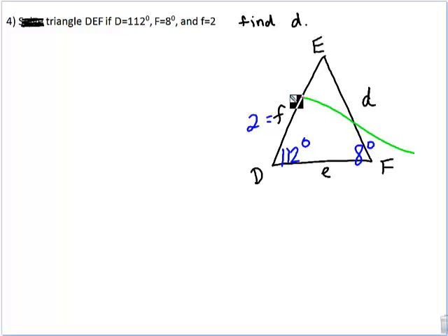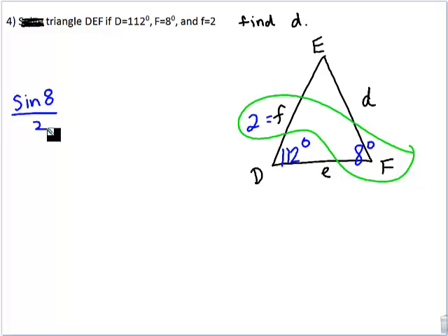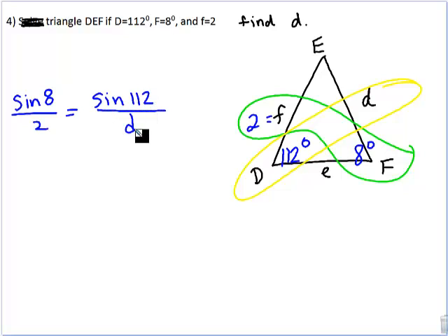We have the F. So how are we going to set that up? Sine of 8 over 2 is equal to, and then we have the 112, so sine of 112 over D.